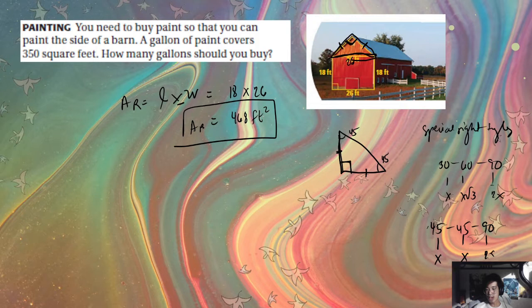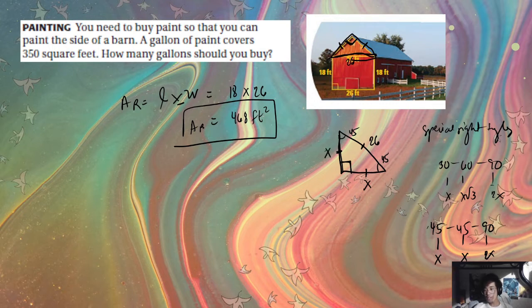Since we know that the hypotenuse is equal to 26, the base here is going to be x, and this is going to be x.